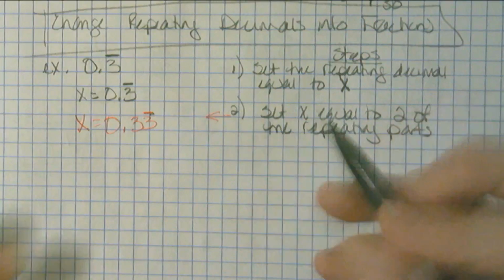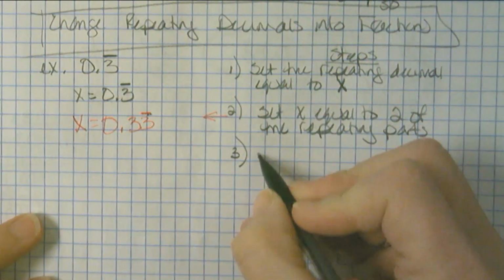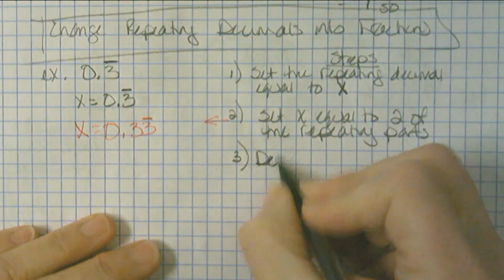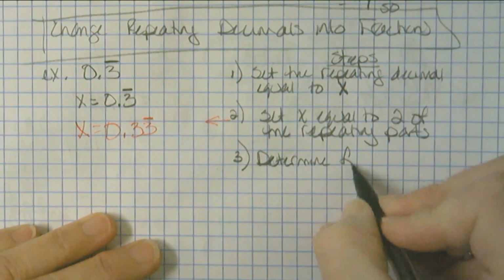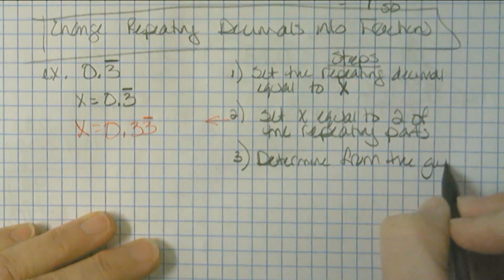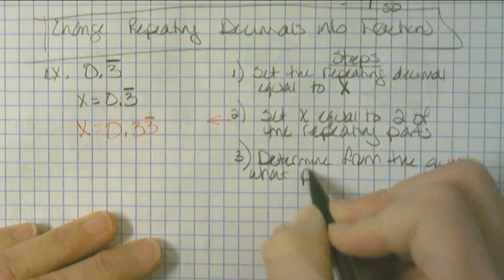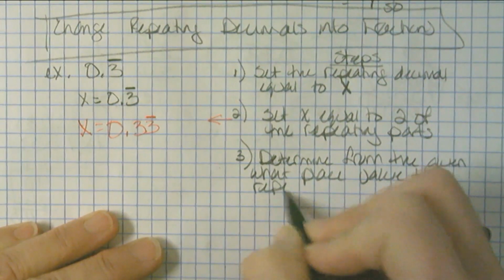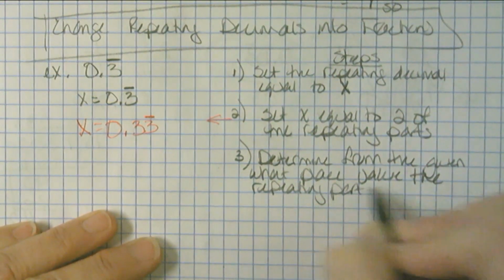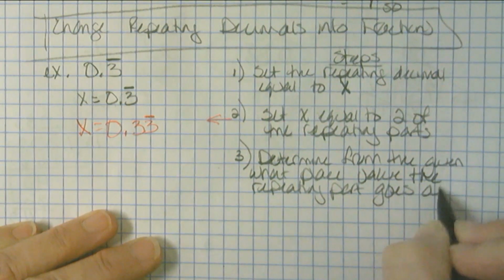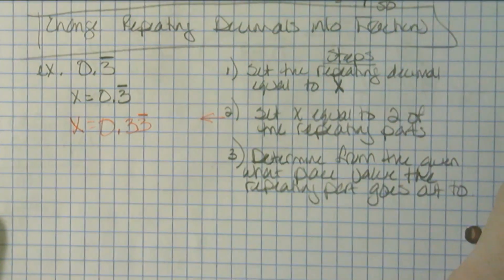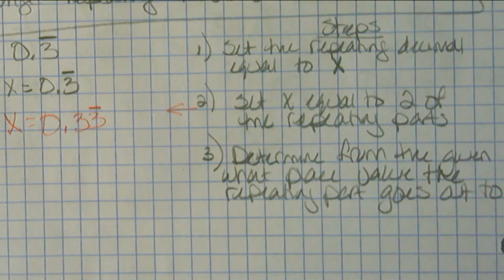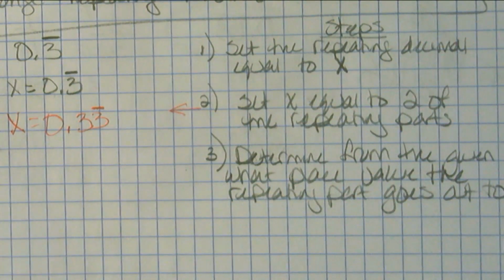Okay. My third step is I want to determine from the given what place value the repeating part goes out to. So I'm going to go back to our given, and I want to determine what place value our repeating part goes out to.